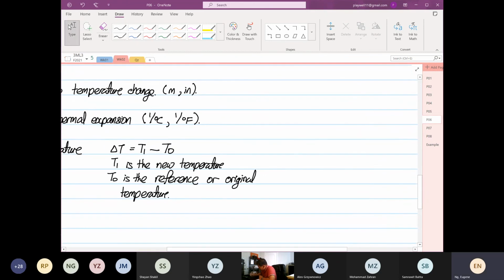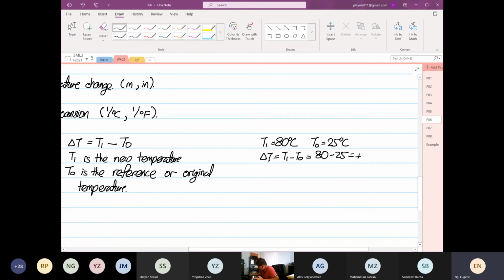So if T1 is equal to 80 degrees and T0 is equal to 25 degrees C, delta T is equal to T1 minus T0, which is 80 minus 25. So this is equal to positive 55 degrees C.